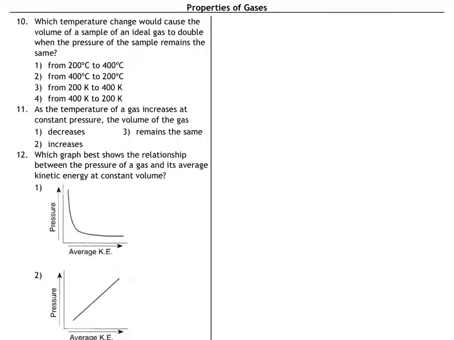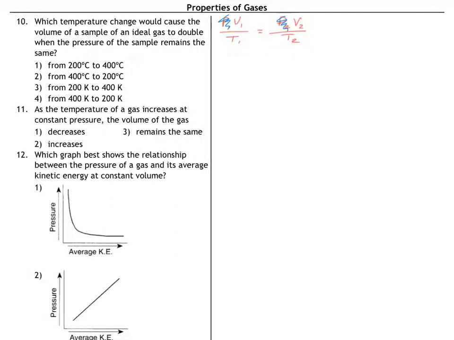All right, number 10. Which temperature change would cause the volume of a sample of an ideal gas to double when the pressure of the sample remains the same? So while this isn't a pure math question, we can definitely use math to apply what we know. They do say that the pressure remains the same, so I'm going to remove that from our equations.